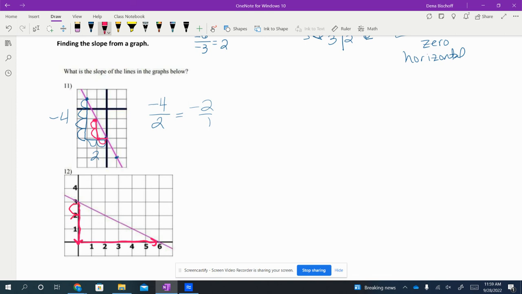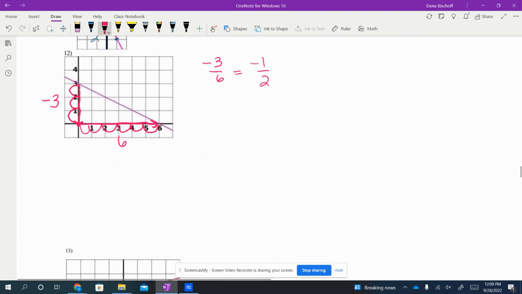So I'm going to go down 1, 2, 3, down 3, over 1, 2, 3, 4, 5, 6. So -3 over 6 equals, no, -1/2. Okay. You let your eyes assume your brain.